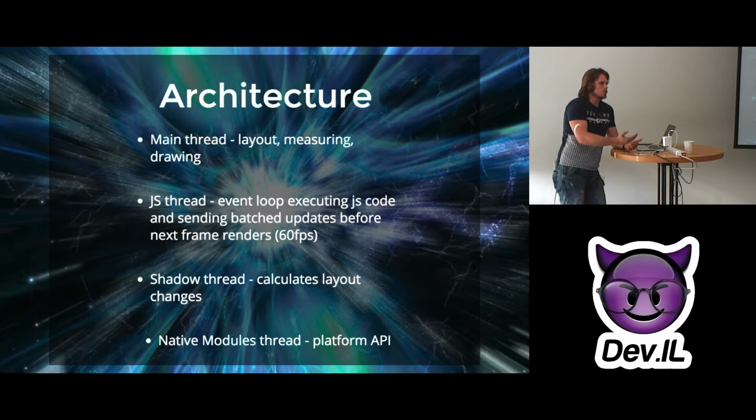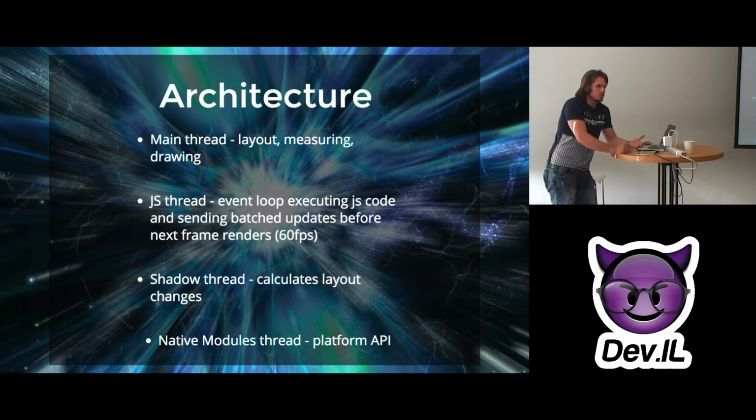Then we have the JavaScript event loop, the JS thread, which executes your JavaScript code and sends updates based on the React diffing mechanism. Basically, it happens before every frame renders, meaning on iOS, 60 FPS, which is something like 16 point something milliseconds, each update happens.